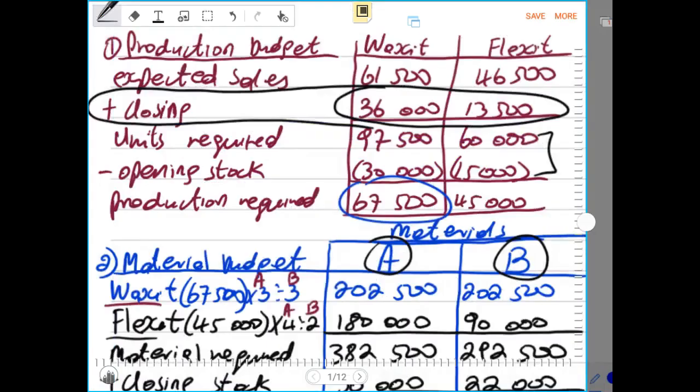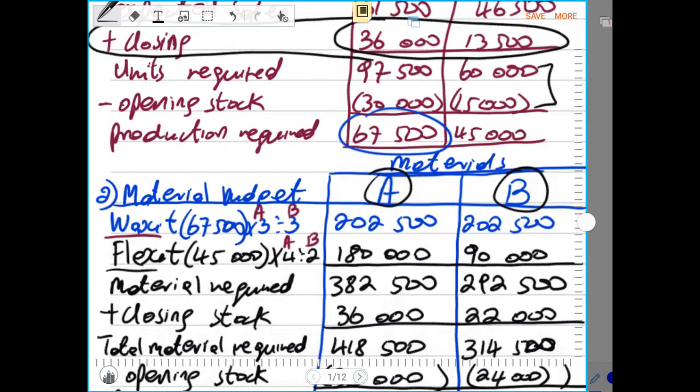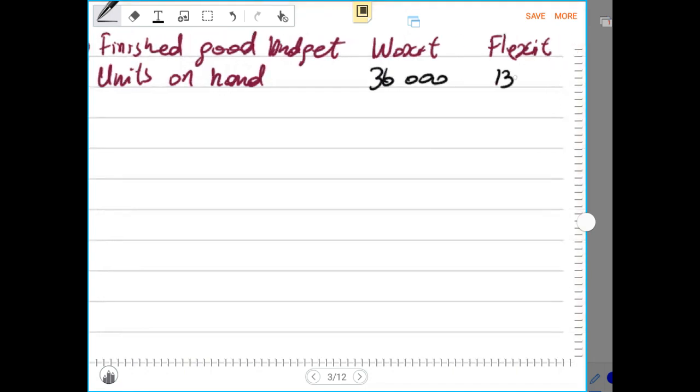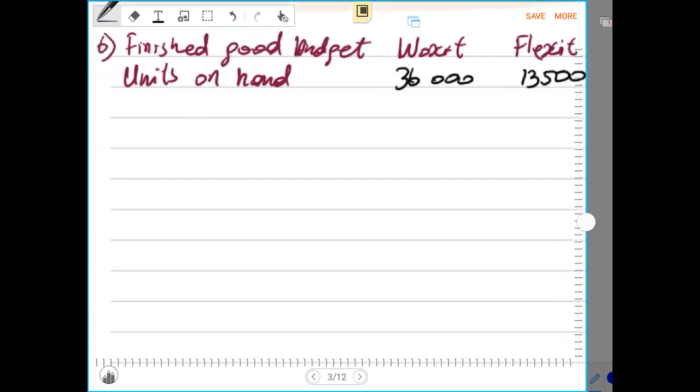We take that closing stock, we multiply by the cost of production, that will give us the value of the finished goods. Therefore, now it will be 36,000 and 13,500. Then we multiply this by cost per unit.